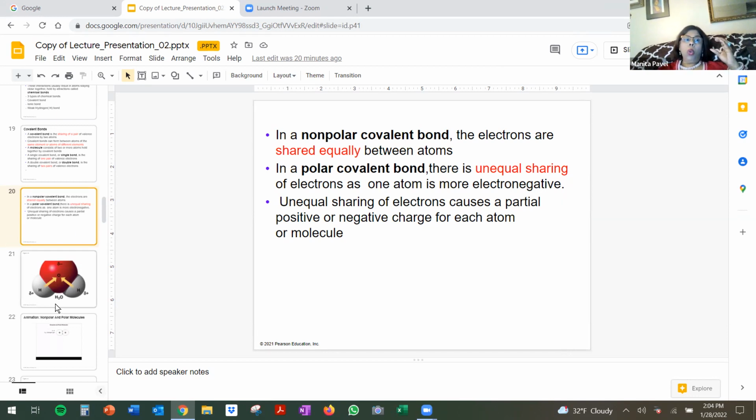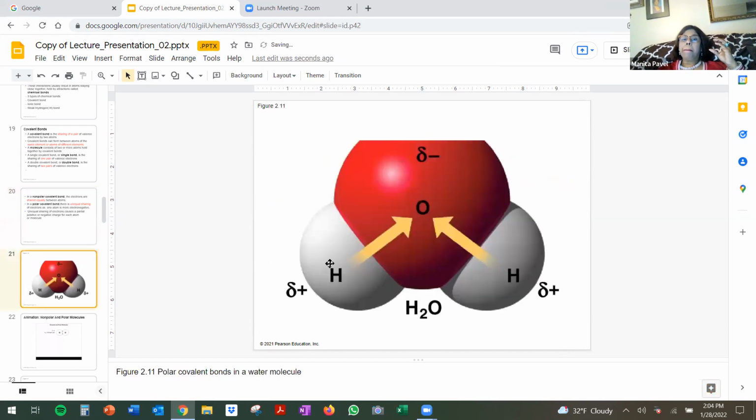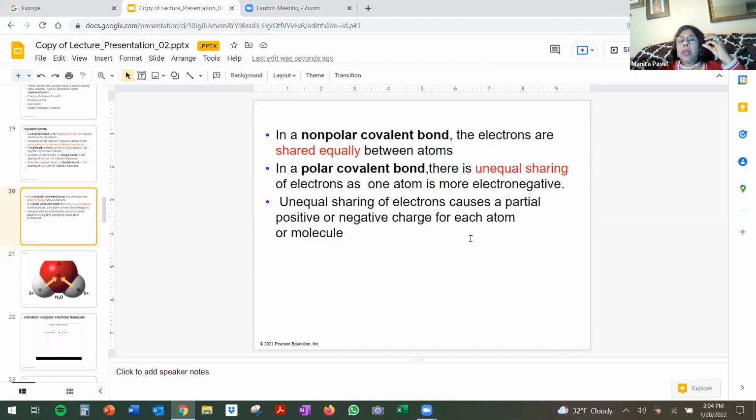Hydrogens are always electropositive. Oxygens are always electronegative. And we must know that when there are more electronegative atoms, the electrons are going to be attracted to the more negative atom.